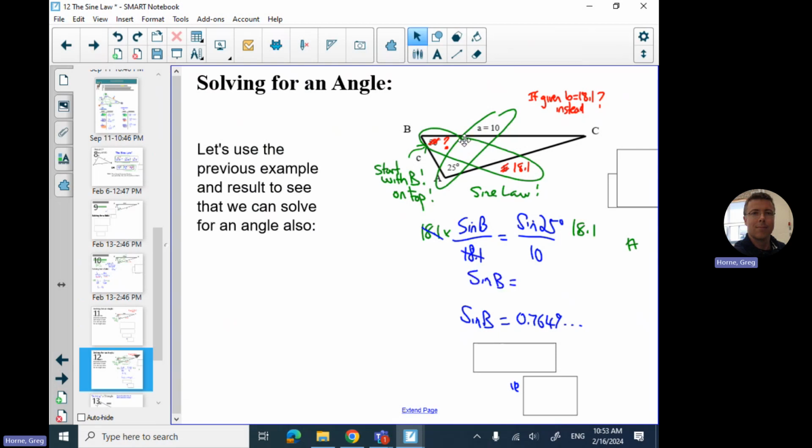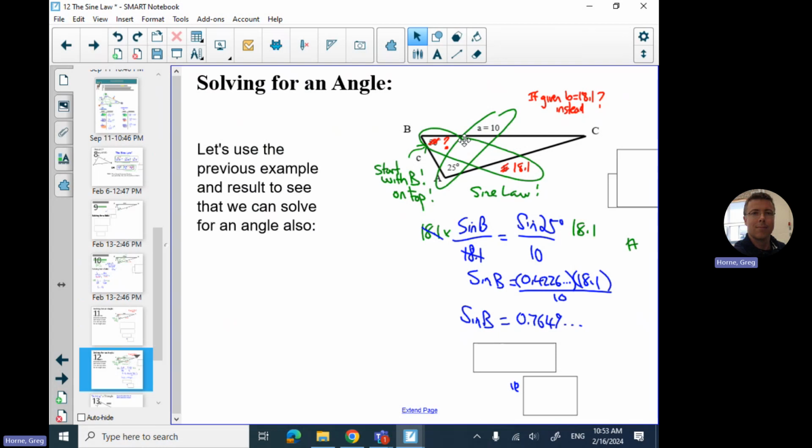And just to show a little bit more here, sine of 25, make sure you're calculating in degrees, of course. So sine of 25 is 0.4226 and so on, multiplied by 18.1. So what we're doing here is we have the 0.4226 times the 18.1, possibly more decimals there too, and dividing by 10.